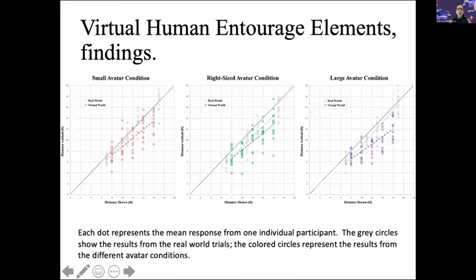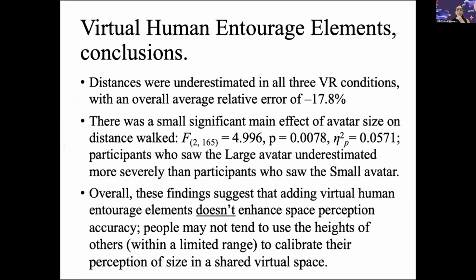But there's really no consistent pattern of behavior that would suggest that people might be scaling their responses according to the avatar size. Because if that was the case, then we would have expected to see the least amount of underestimation in the small avatar case, and we do not. And then this slide just says what I already told you.